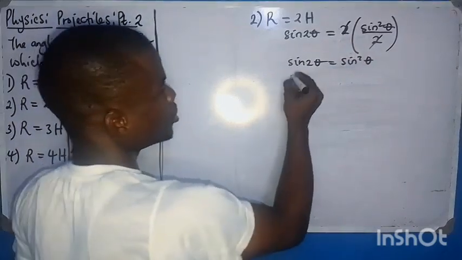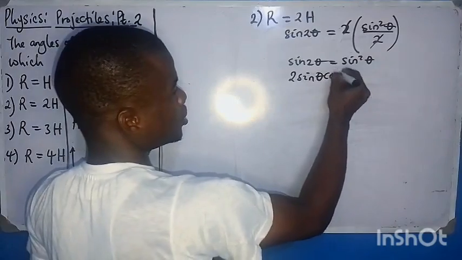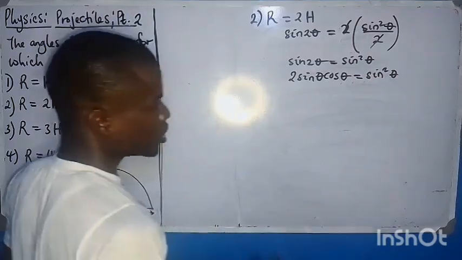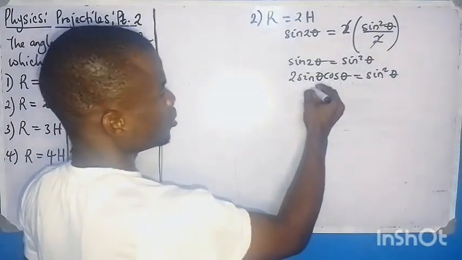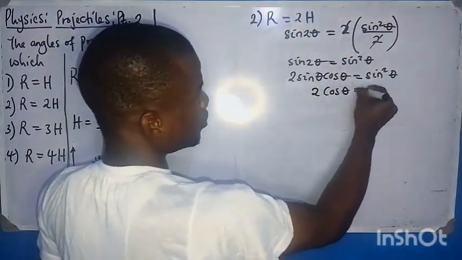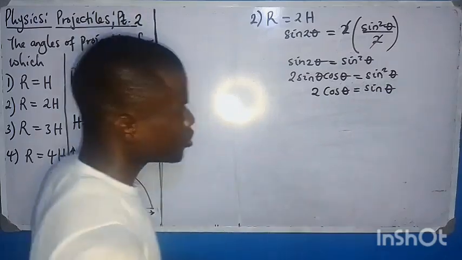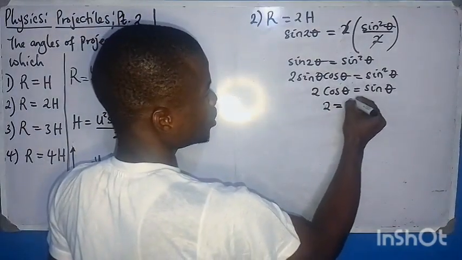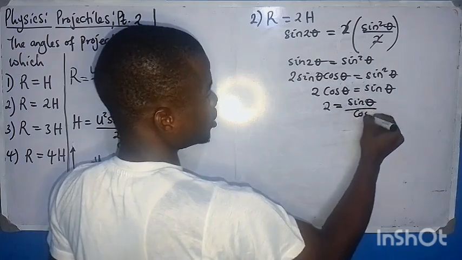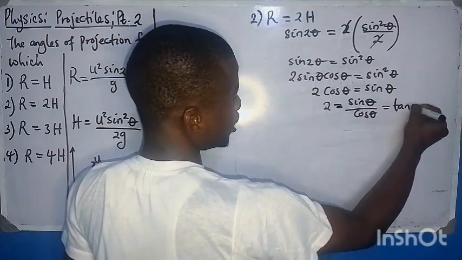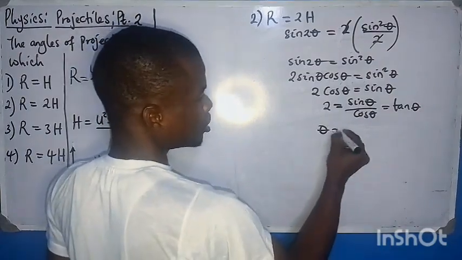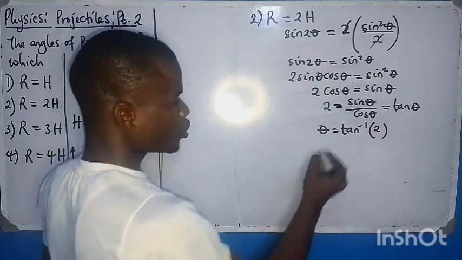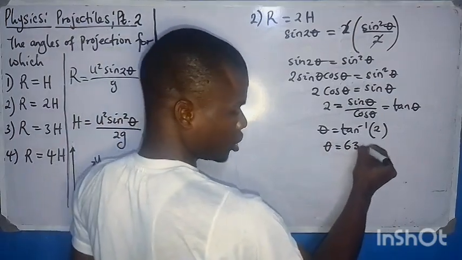Remember, sine 2 theta we said is 2 sine theta cosine theta. So this will give us 2 sine theta cosine theta is equal to sine squared theta. Divide both sides by sine theta. We are going to be left with 2 cosine theta is equal to sine theta. From here, 2 is now equal to sine theta divided by cosine theta, which is still tan theta, and theta is equal to tan inverse of 2, and the tan inverse of 2 should give us 63.43.